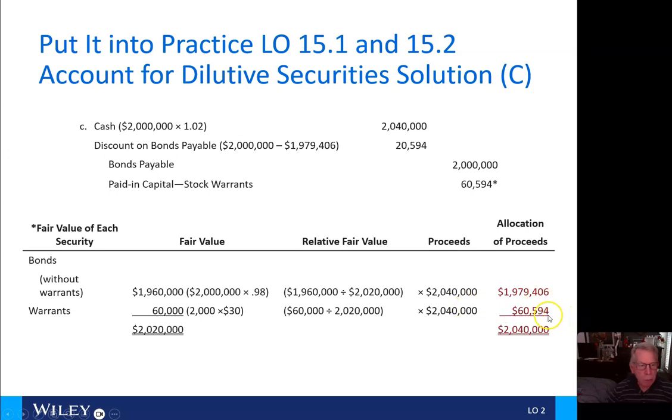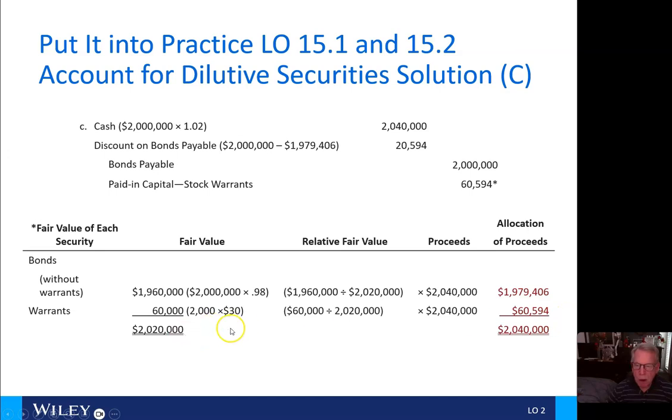And we multiply that through, and we do the same thing with the warrants. Here the fair value for the warrants was $60,000. That was 2,000 times $30. And then the relative fair value was the $60,000 times, which we calculated here, divided by the 2,020,000 multiplied by the 2,040,000, and that gave us 60,594.